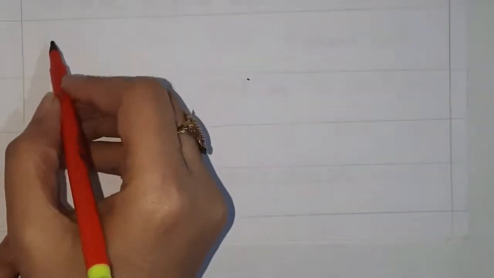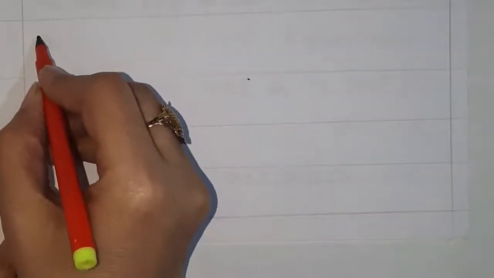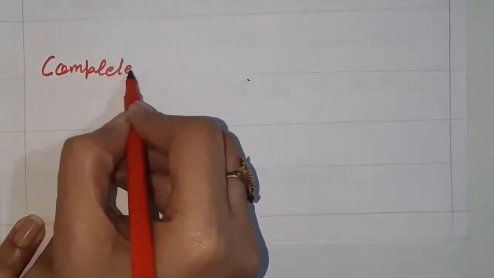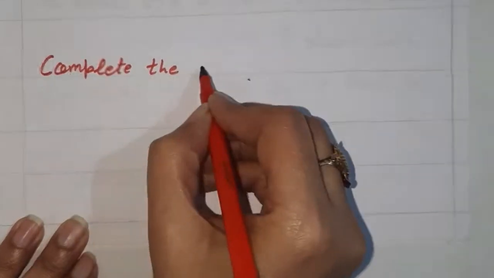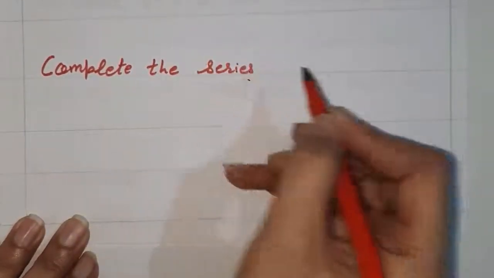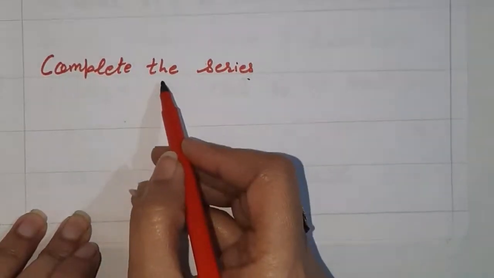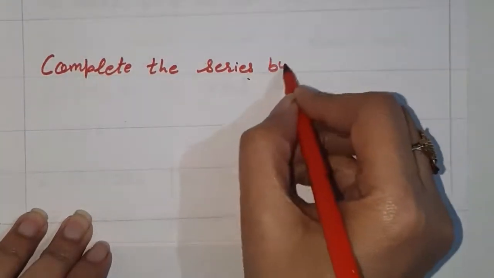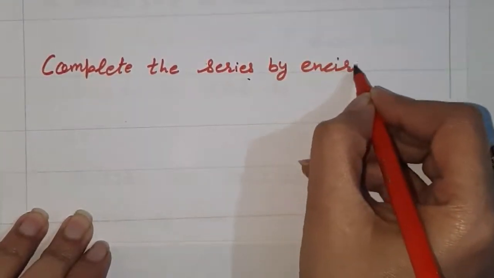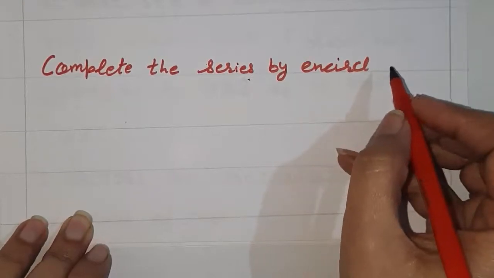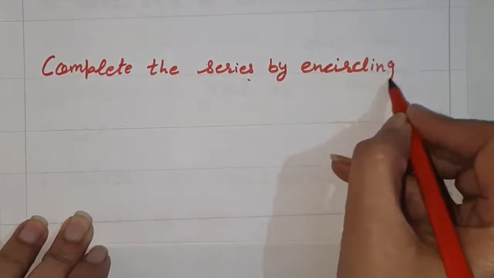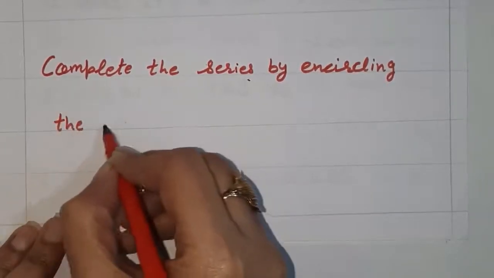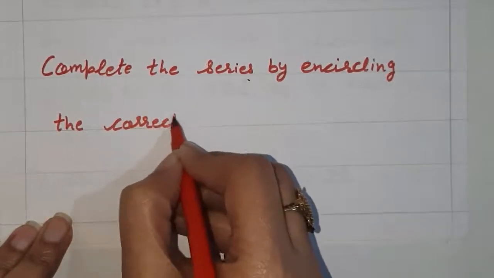Let me explain you with the help of example. Question will be same. Complete the series by encircling the correct option.